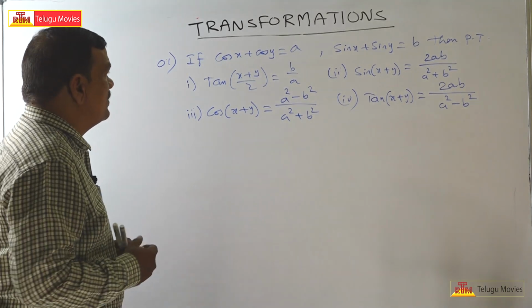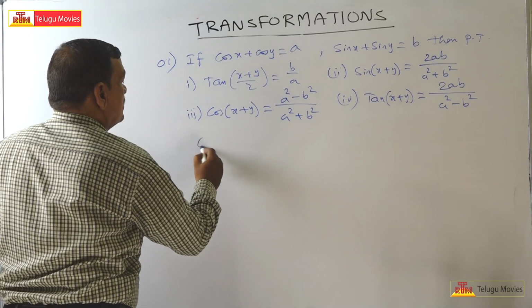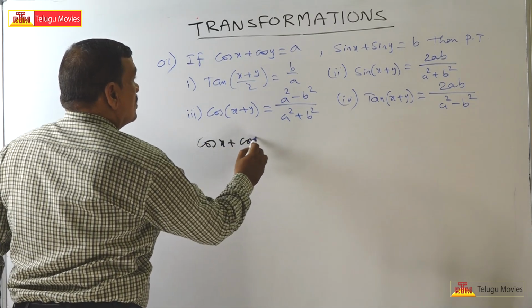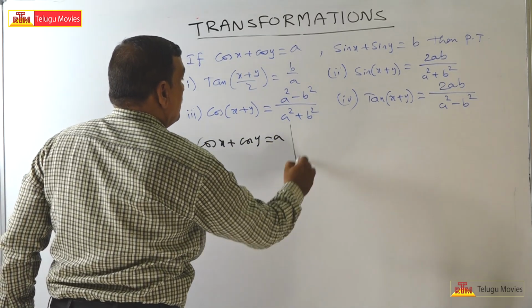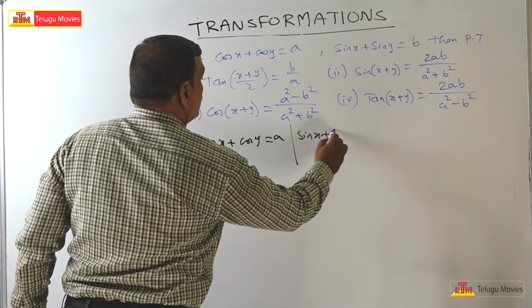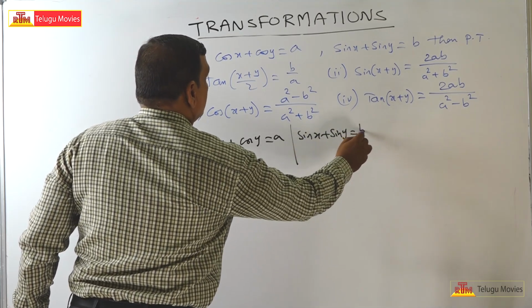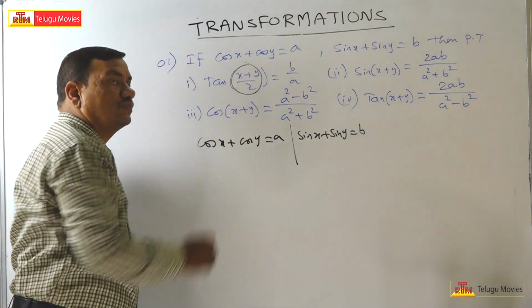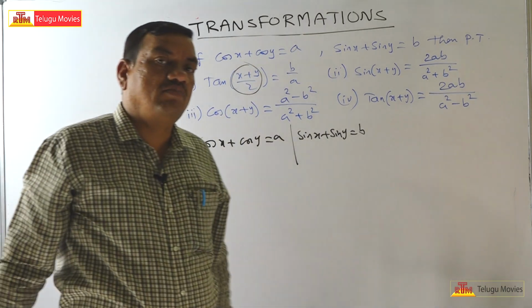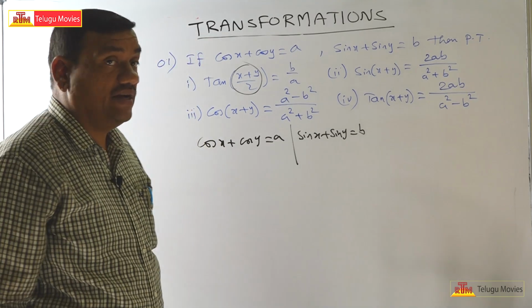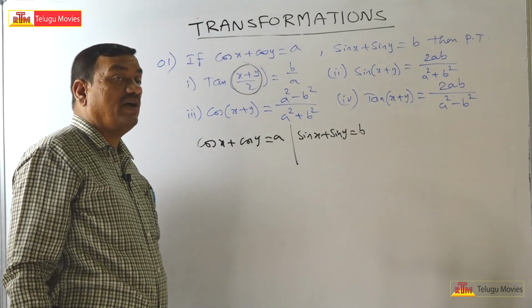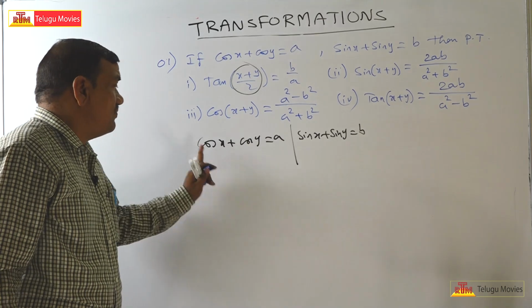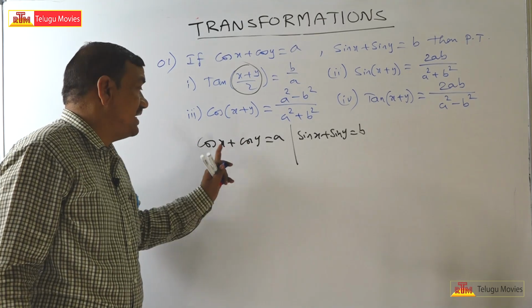See here, first what is given? Cos x plus cos y is equal to A is given, and one more thing, sin x plus sin y is equal to B is given. Then how to get (x plus y) by 2? The first thing that should come to your mind is to apply the formula for cos x plus cos y.